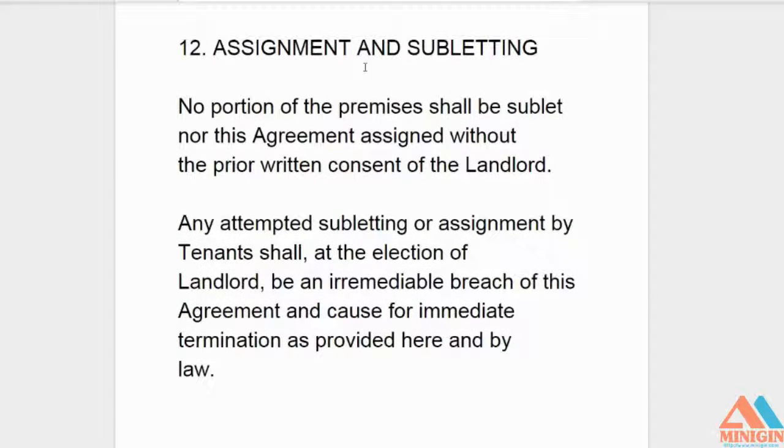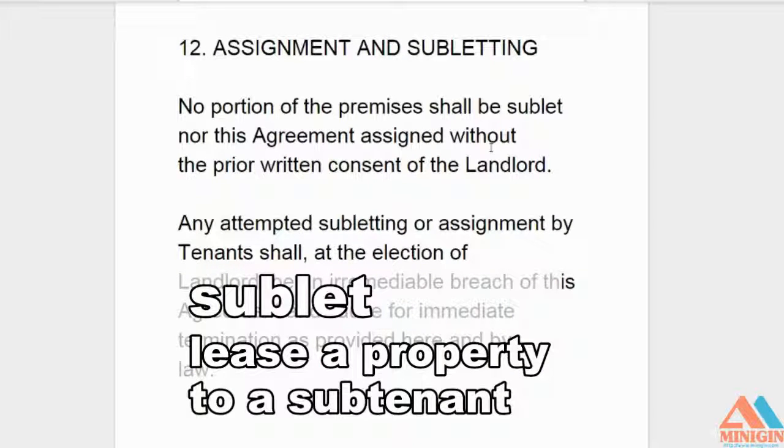Assignment and subletting. No portion, no part of the premises shall be sublet. Sublet means that you have the rental agreement with your landlord, but you begin to act as a landlord yourself, and you find somebody else to rent it from you.